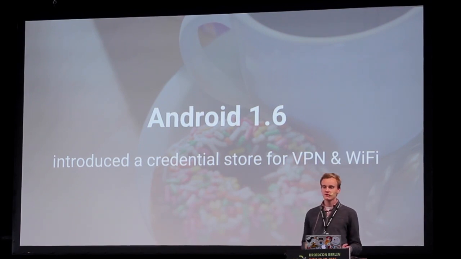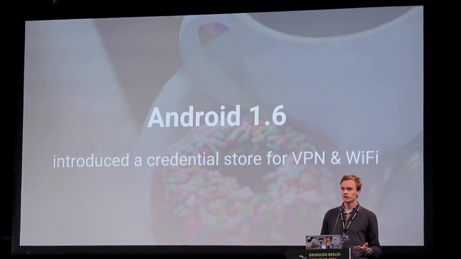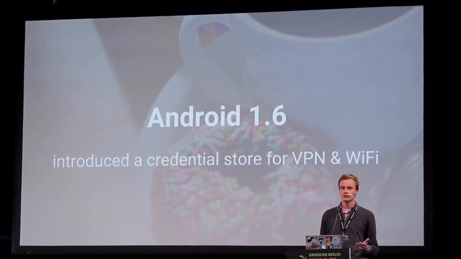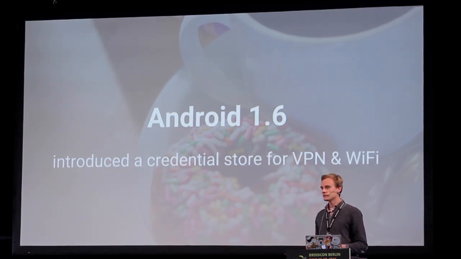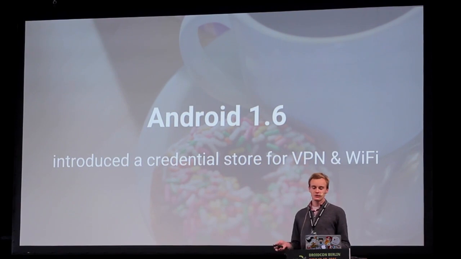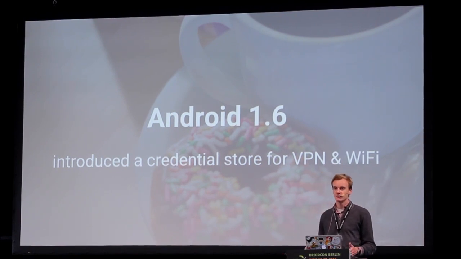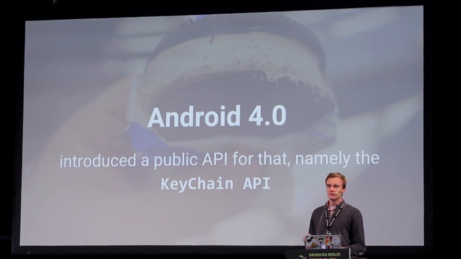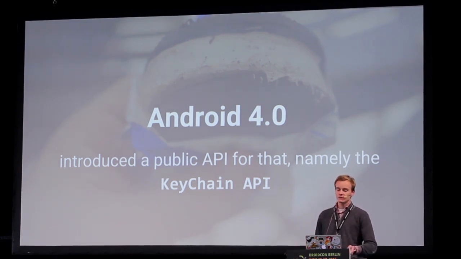So public key infrastructure was done via the settings app, but if you wanted to build an app on your own, it wasn't possible to use any certificate placed inside this store. Android 4.0 finally introduced the public keychain API, which made it possible to install this type of certificates and access this system credential store.